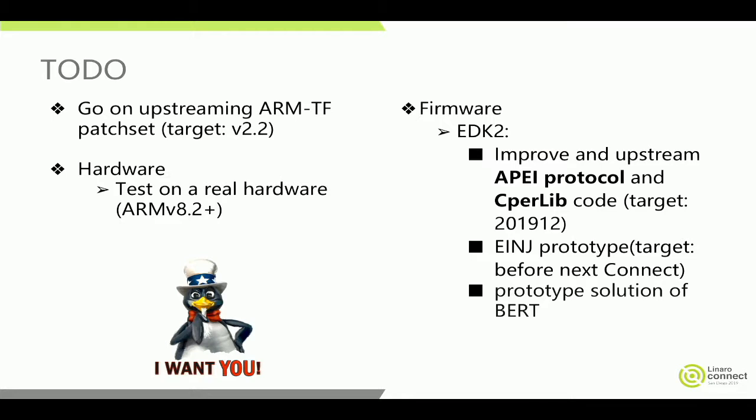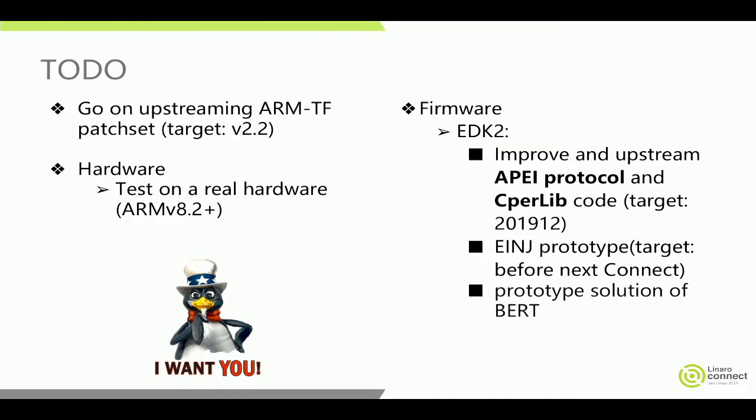Maybe we can try to test it after upstreaming the SBSA QEMU support. On the firmware side, we'll also improve and upstream the APEI protocol and CPER lib code. My target is that by the end of this year, we can upstream the very basic framework, and then try to upstream more functions.